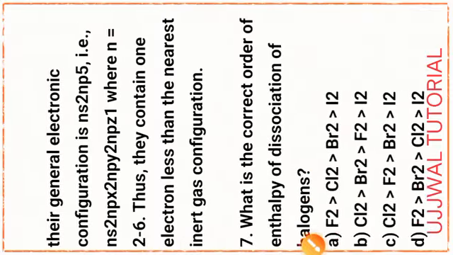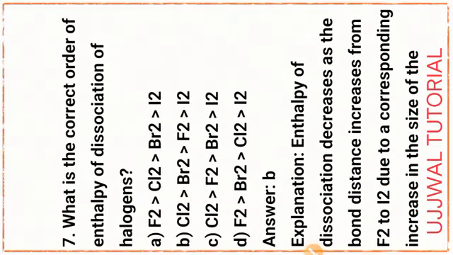Next question, question number 7. What is the correct order of enthalpy of dissociation of halogens? Option B, that is chlorine greater than bromine greater than fluorine greater than iodine.